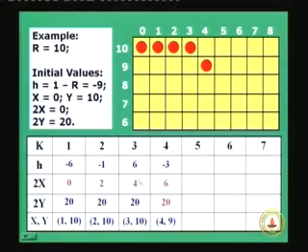So, let us look at the table. What are the values of 2x and 2y? If you carefully see, 6 minus 20 is minus 14, minus 14 plus 5 will give you minus 9, minus 9 plus 6 is minus 3.